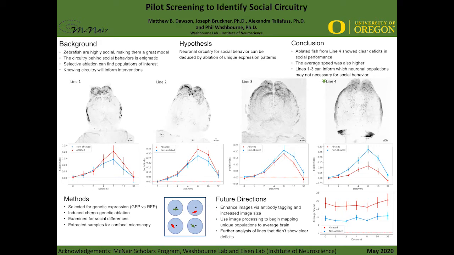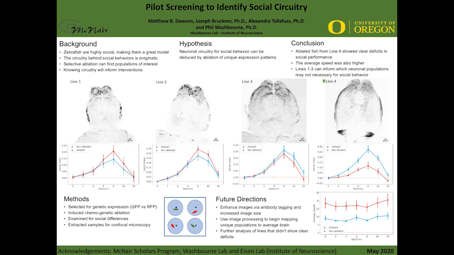And so the hypothesis of my study is that neuronal circuitry underlying social behavior can be deduced through ablation of unique expression patterns. And the way we go about doing this is we first generate a cross of two fish.